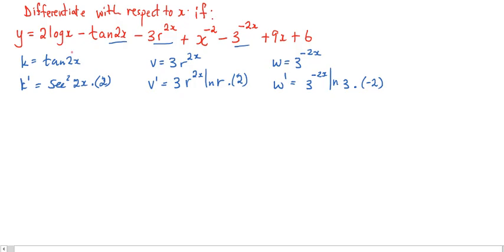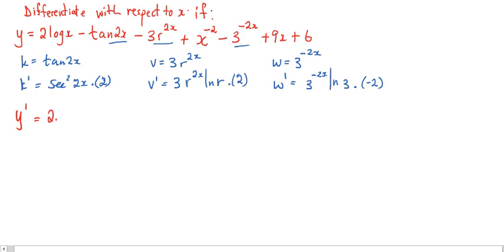So when we continue, we're going to plug all of them in when we find our derivatives. So the derivative of y: we're going to find the derivative of 2 log x. In our case, that's a base of 10.